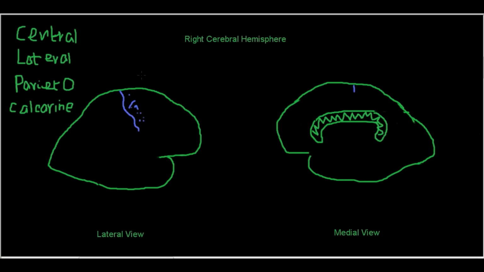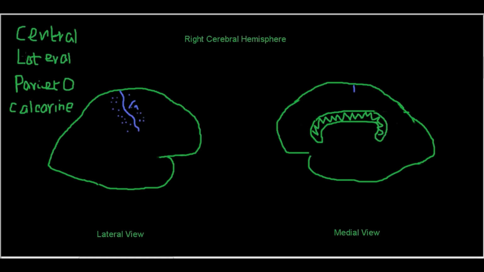This precentral gyrus is the motor cortex. That means it is responsible for giving the motor commands to the opposite side of the body. The part of the cortex which is present just posterior to, that is behind the central sulcus, is known as the postcentral gyrus. And this is the sensory cortex, that is, it is receiving information from the opposite side of the body.